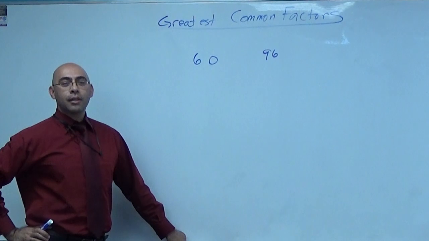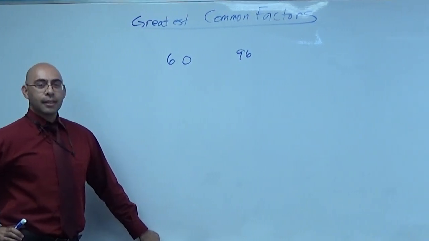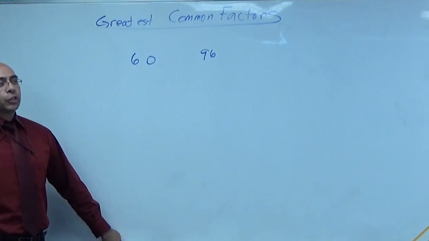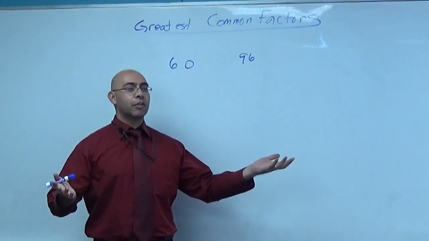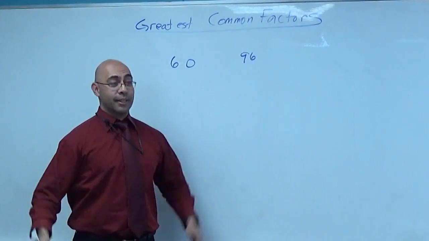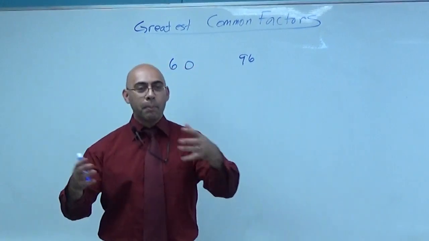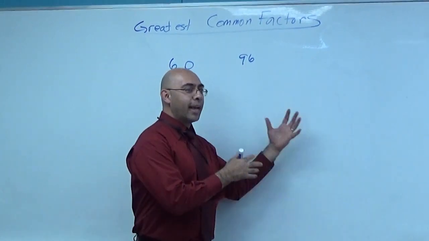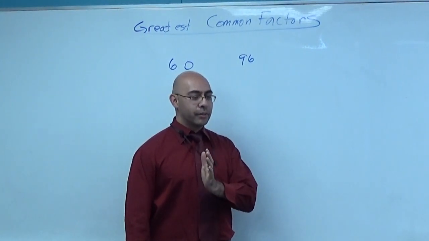Here's one simple little example in everyday life that you'll need greatest common factor. Basically, if you want to make sure you can divide things out evenly, you have a bunch of stuff, and you want to divide it evenly among people. For example, you have a party, and you have so many water bottles, so many pencils, and so many calculators, and you want to make sure everyone gets an equal amount.